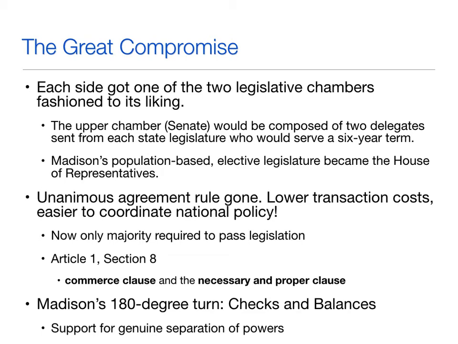So this dramatically lowered transaction costs, and it made it much easier to coordinate national policy. Now, to pass laws through this bicameral Congress, you only needed a majority in each chamber.